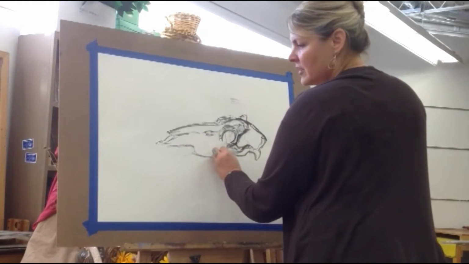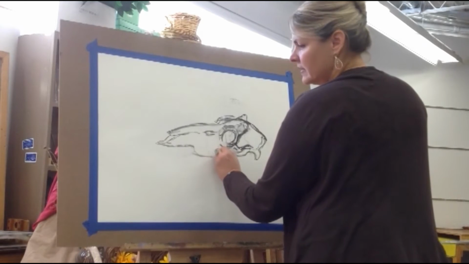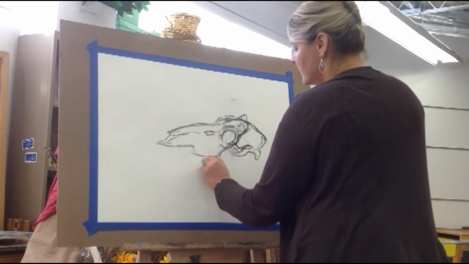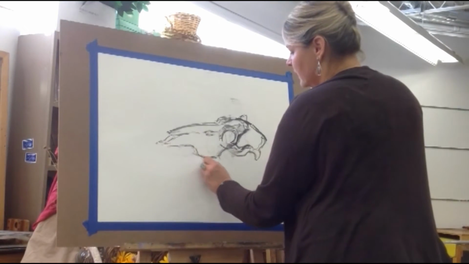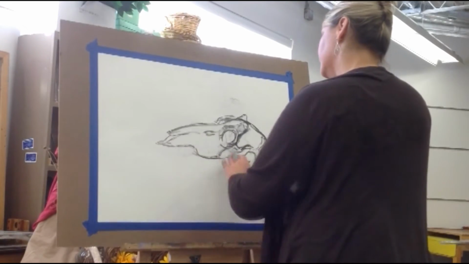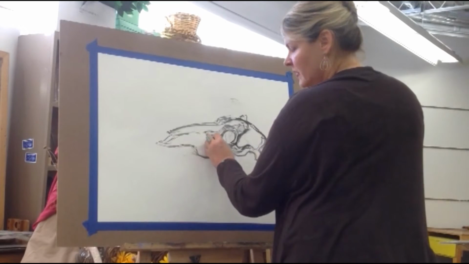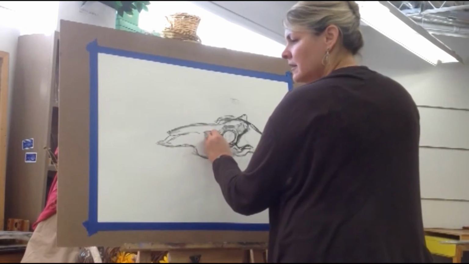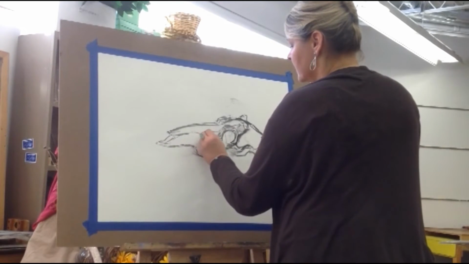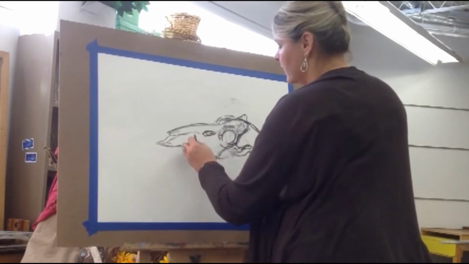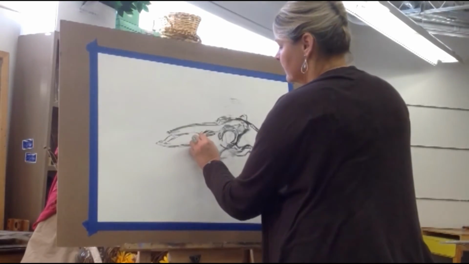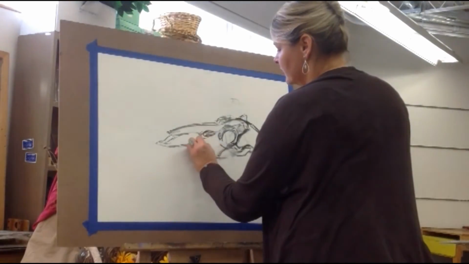And so I'm using a contour line, and a contour line is used to describe the outer edges of a three-dimensional form. A contour line is varied, it's responsive, and it changes in accordance with the form that you're drawing, whereas an outline does not change or vary generally.